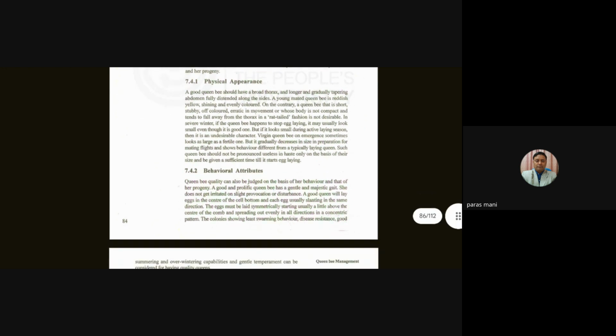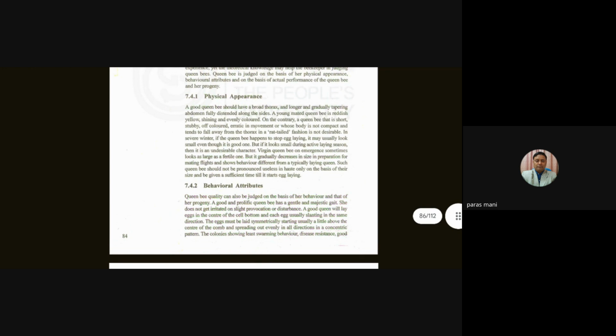Such characters are not desirable. In severe winter, if the queen bee happens to stop laying eggs, it may look small even though it is a good one. In winter it lays very few eggs, and then it is okay; such queens can be selected.